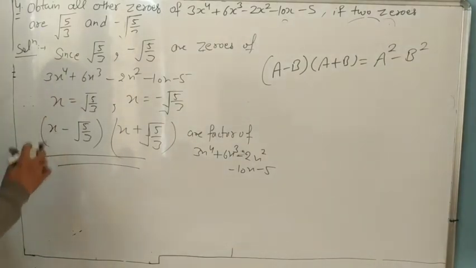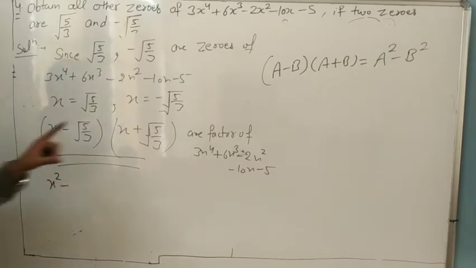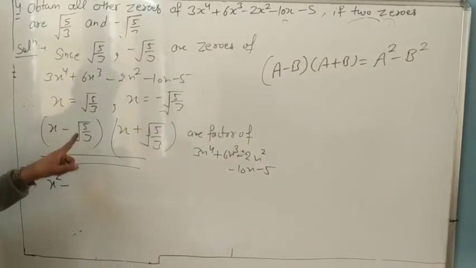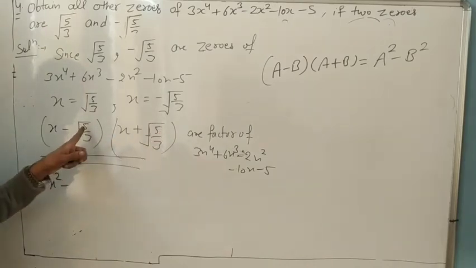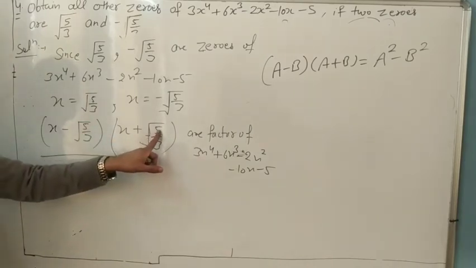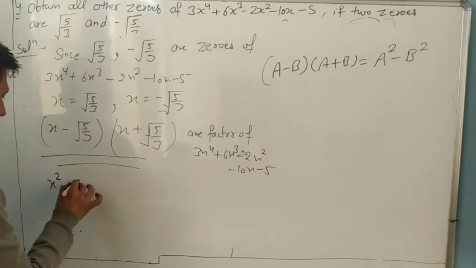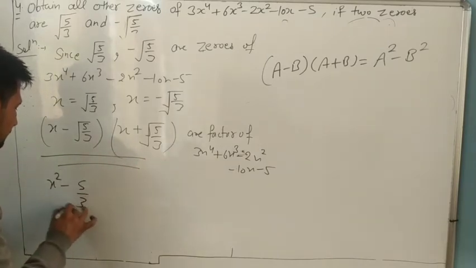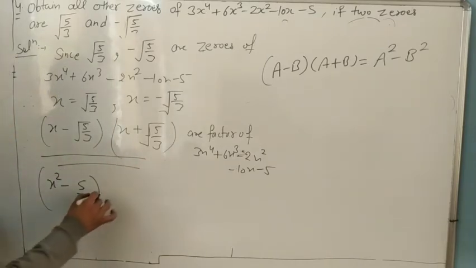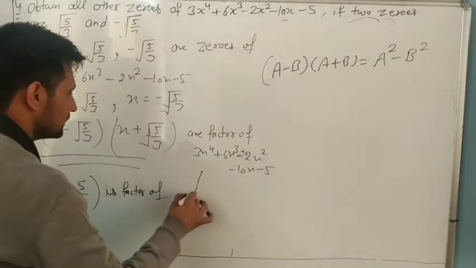A is x. x square minus B square. What is B? Root 5 by 3. Preeti, look at, root 5 into root 5 is 5, or not? And root 3 into root 3 is 3. So x square minus 5 by 3 is a factor of this one.